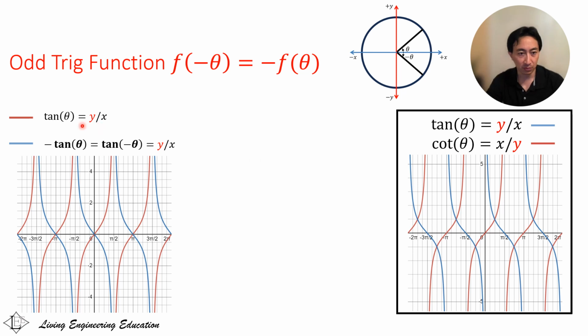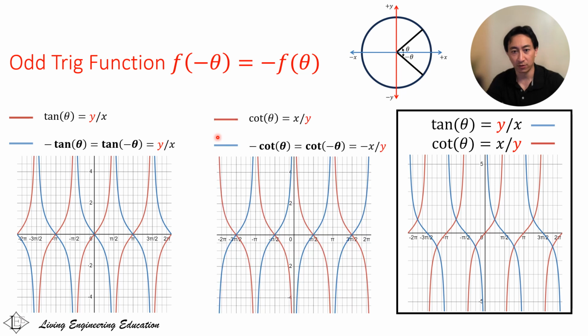So we show the graph of tangent here in red. Negative tangent is flipping it across the x-axis. That's what's shown in blue. Or you can think about it as tan of negative theta being folded across the y-axis, and that's also shown in blue. So it's kind of like a diagonal fold for it to match. That's why we have this as an odd trig function.